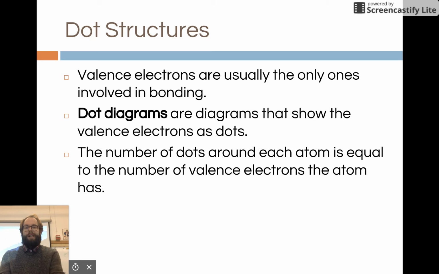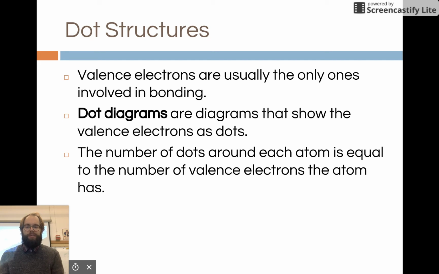So let's talk about dot structures for a moment. That's something you might want to get familiar with as we get further into the chapter. It's fairly easy, and it demonstrates how the valence electrons react in bonding. So dot diagrams, you might see dot structures, dot diagrams, Lewis dot, they're all the same thing.